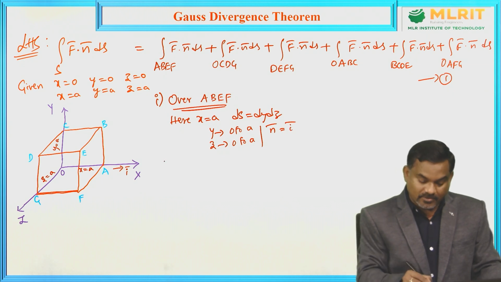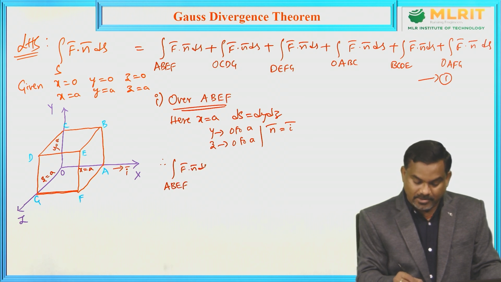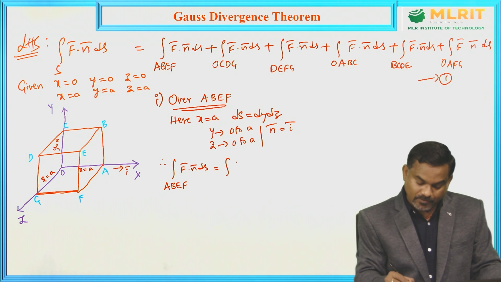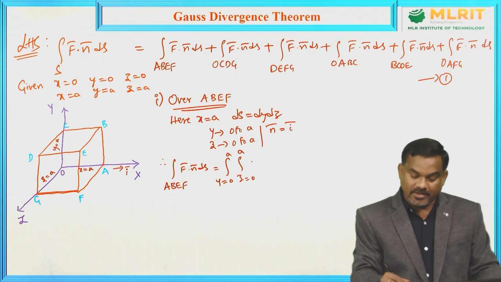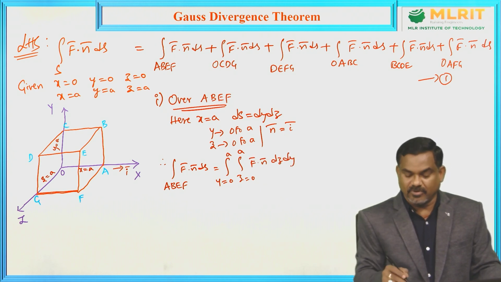So therefore, the surface integral over ABEF of f bar dot n bar ds is equal to the double integral, y from 0 to a, z from 0 to a, f bar dot n bar dz dy. So we have the limits, everything we have.